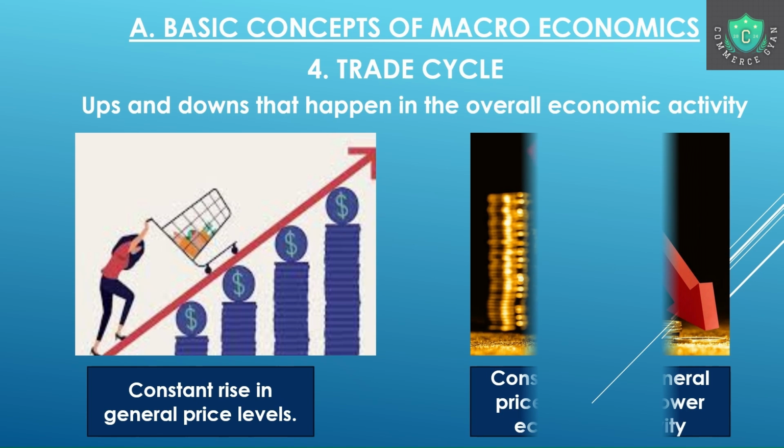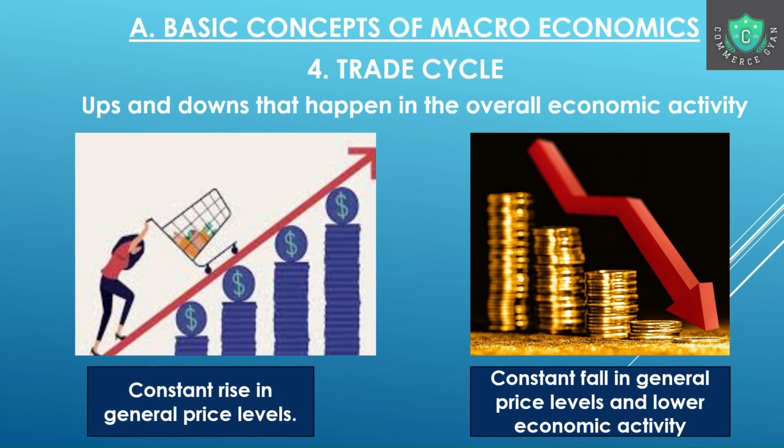And if there is a constant downward trend in the price levels, then this can also be a part of deflation, or it can be considered as another type of economic activity which is going on, which is bringing the prices down.